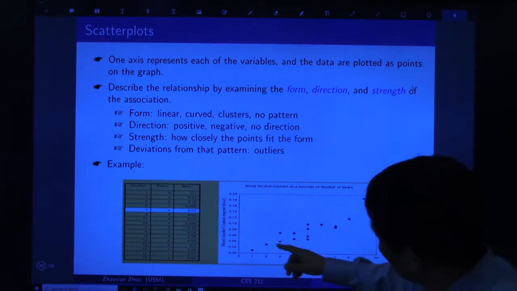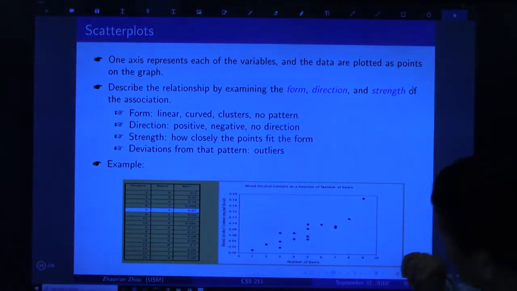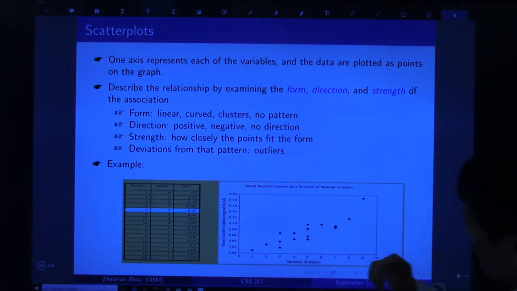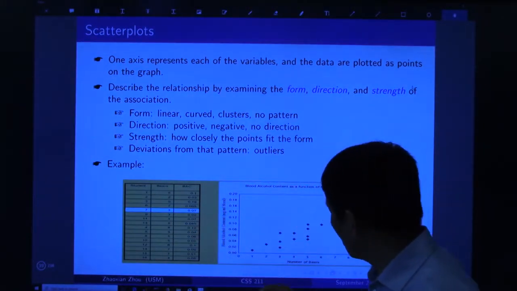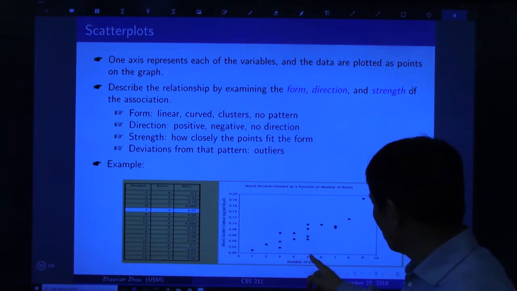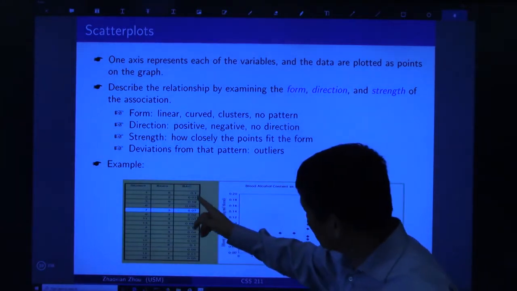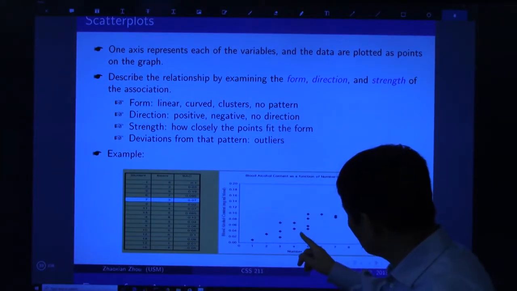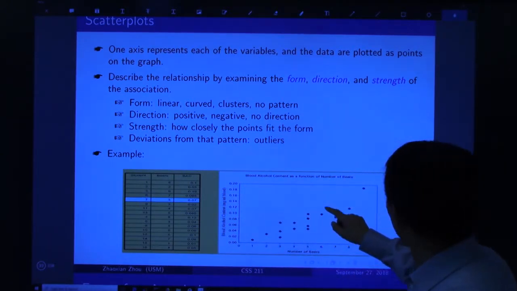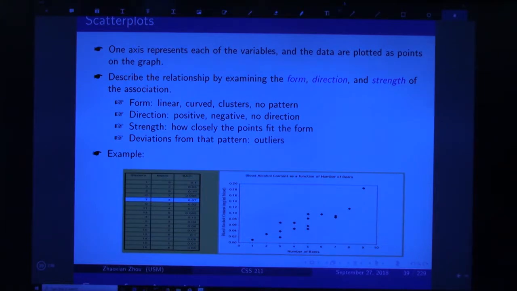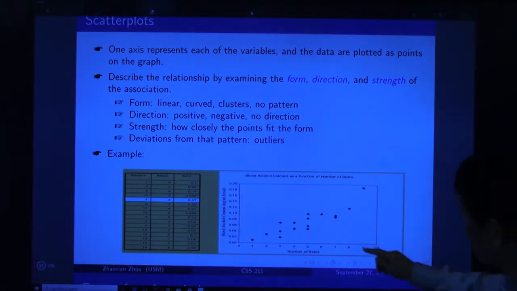The unit is milligram per milliliter. And how do we draw this? For student 1, the beers equals 5, so we look for 1, 2, 3, 4, 5 here, and the blood alcohol level is 0.1, so 0.1 is somewhere around here. So that is the dot, the point for student 1.